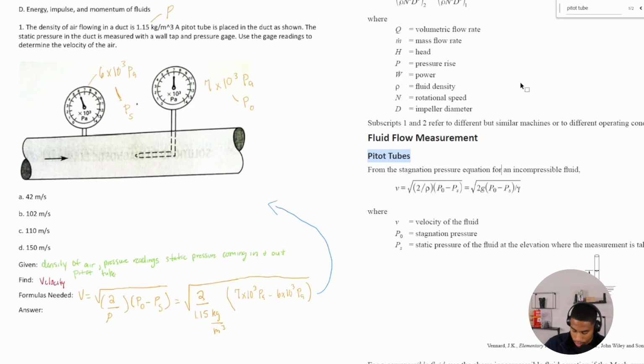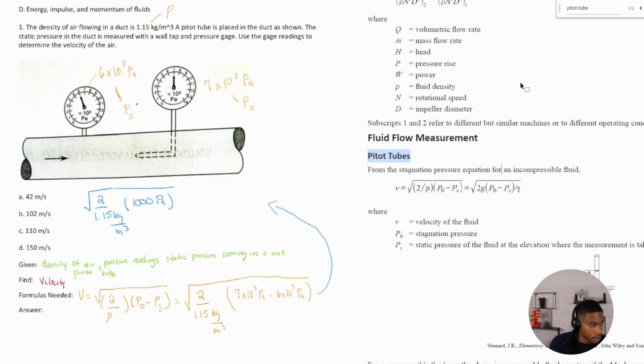So I get the square root of 2 over 1.15 kg per m cubed times 1,000 pascals. Right.